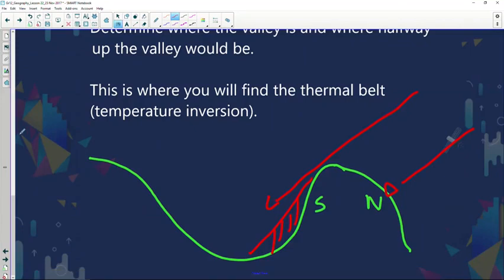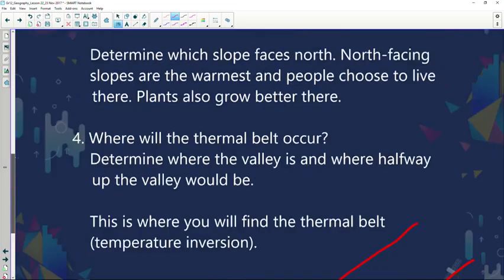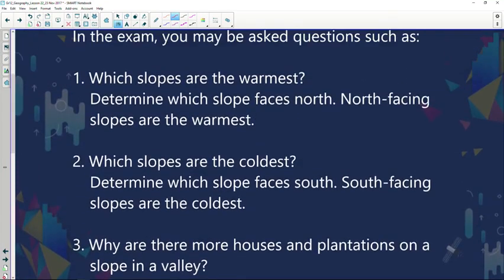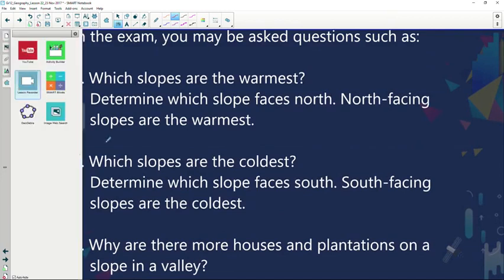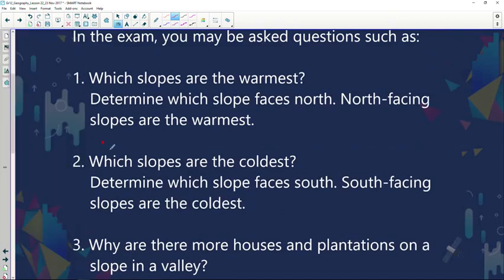Now, if we look at the next question, which slopes are the warmest? We already determined it, the north-facing slopes, because they're facing towards the equator, so we will experience warmer temperatures on the north-facing slopes. Now, which slopes are the coldest?